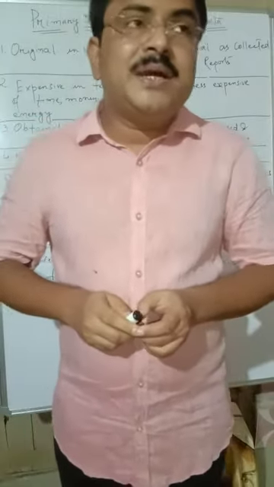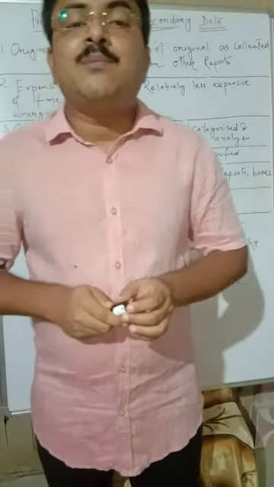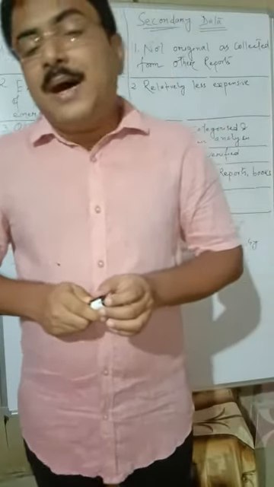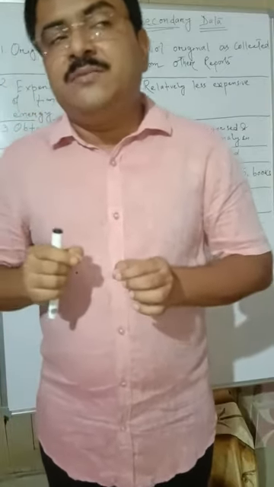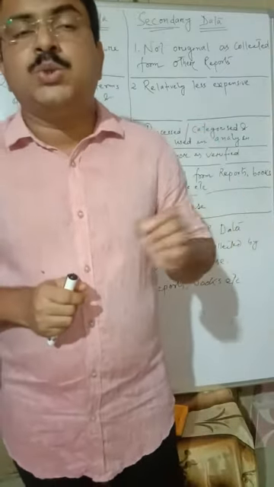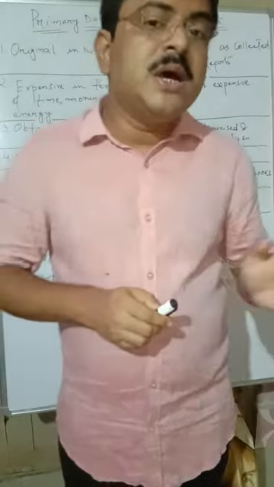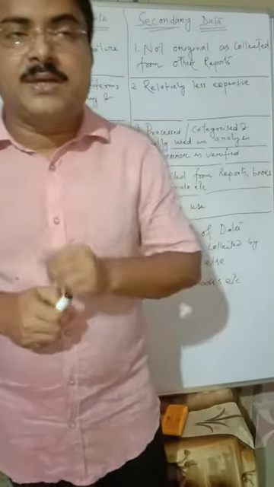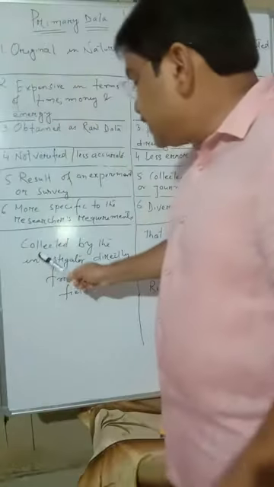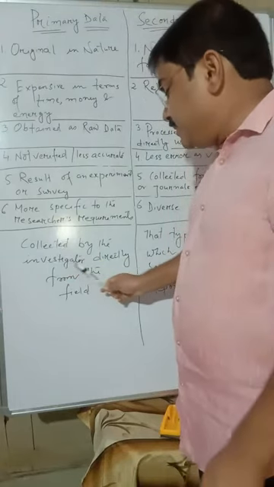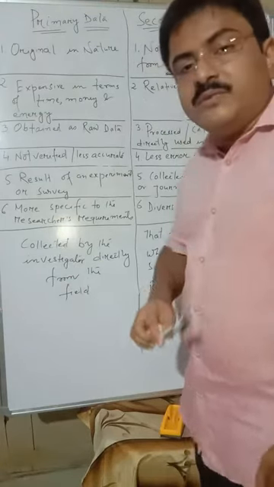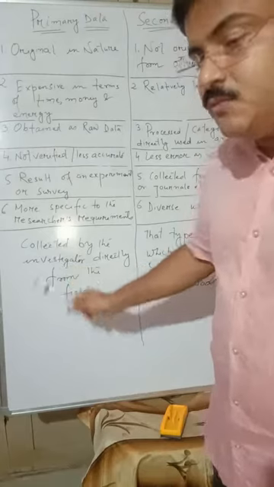So secondary data is basically collected by somebody else, and according to his purpose, the investigator collects information from that source. Primary data is collected by the investigator directly from the field of investigation, so it is called first hand information.